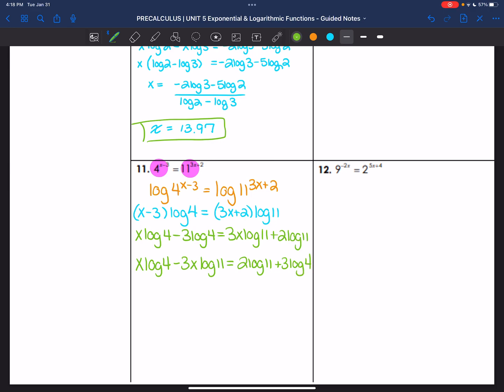And then we will factor out the x. Don't forget that 3 is still in there. And then we'll go ahead and divide.